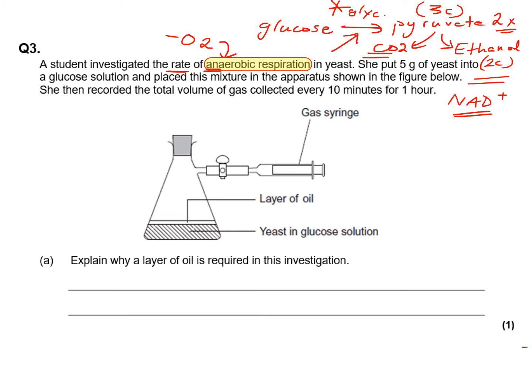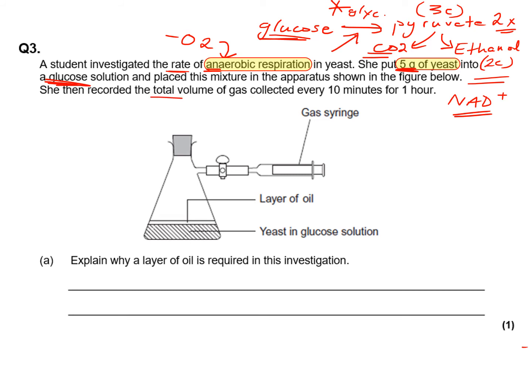Now, the scientists put 5 grams of yeast into a glucose solution and placed this in the apparatus shown. So we know 5 grams is going to be really important in some of our calculations a bit later. And the glucose here, we know, is the starting molecule for respiration. And we know it gets phosphorylated to form glucose phosphate. And that's the first part of glycolysis.